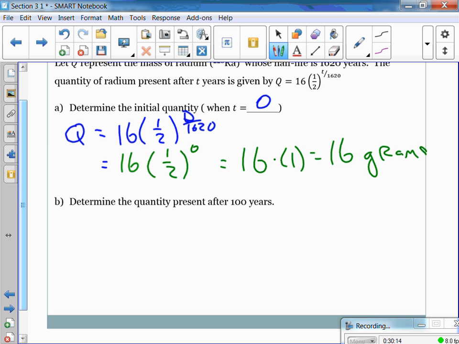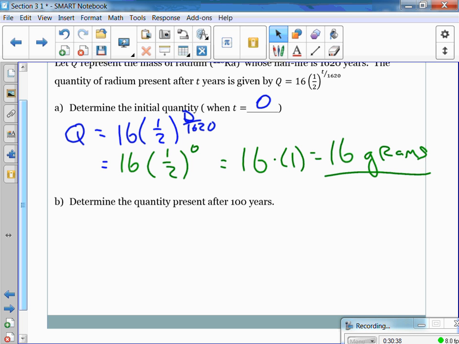Anything raised to the 0 power is 1? So, is that true, that anything to the 0 power is 1? What's the exception?